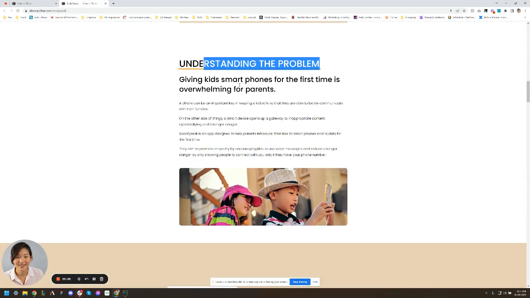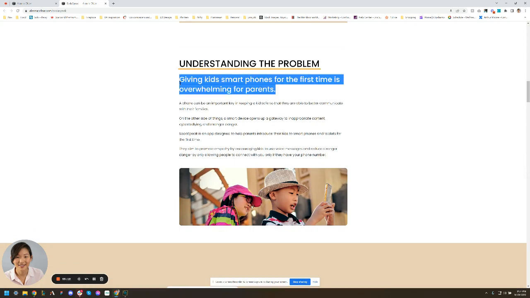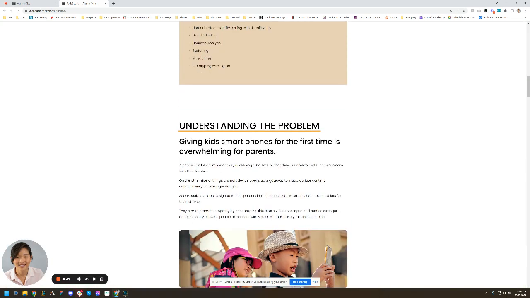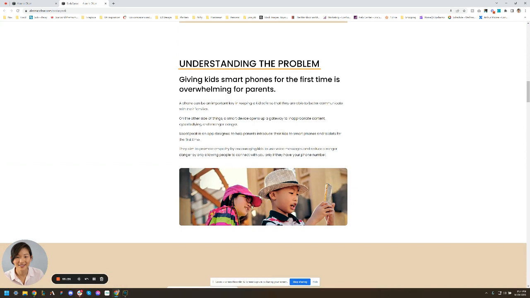Okay, giving kids smartphones for the first time is overwhelming for parents. Now I'm double confused, because I thought the problem that you're trying to solve is the conversion rate, because that's what your problem statement says. But now you're saying you're trying to understand the problem of giving kids smartphones the first time being overwhelming for parents.